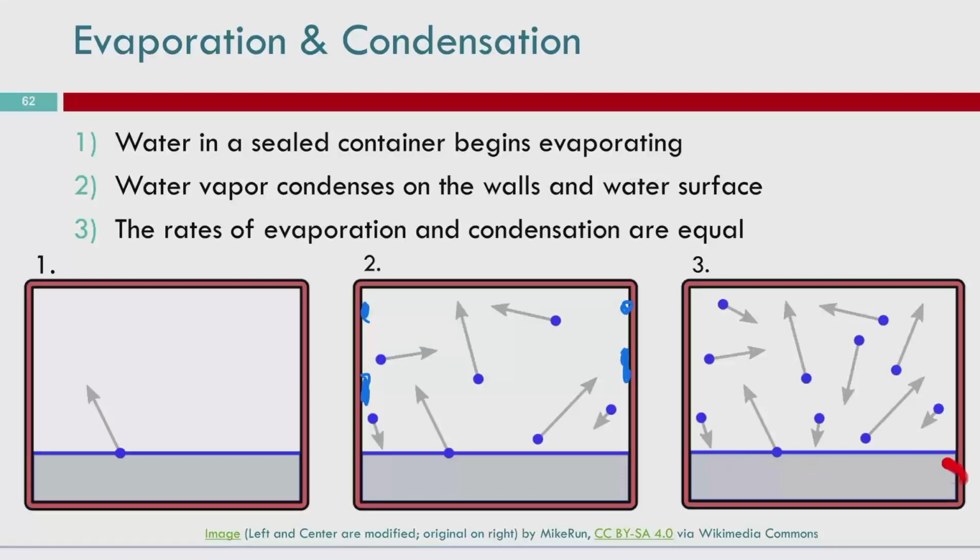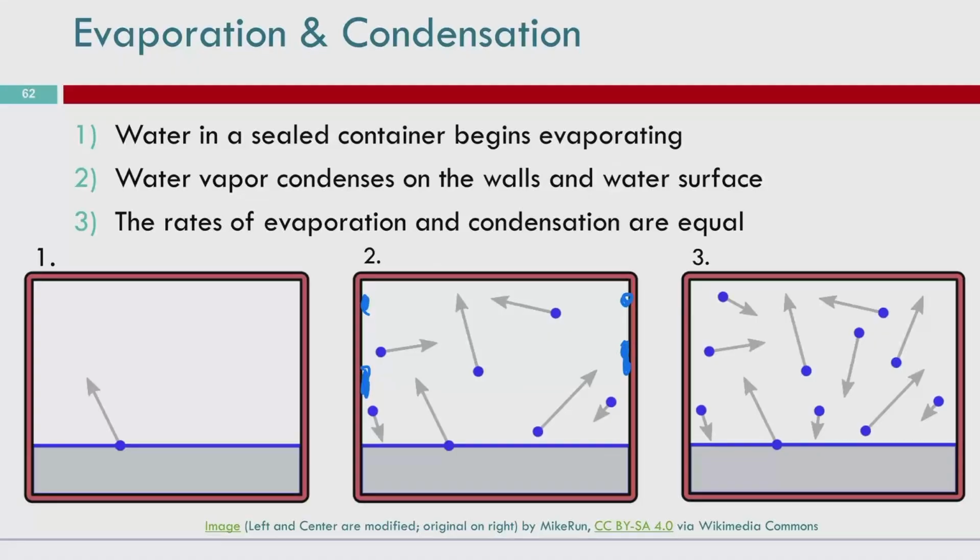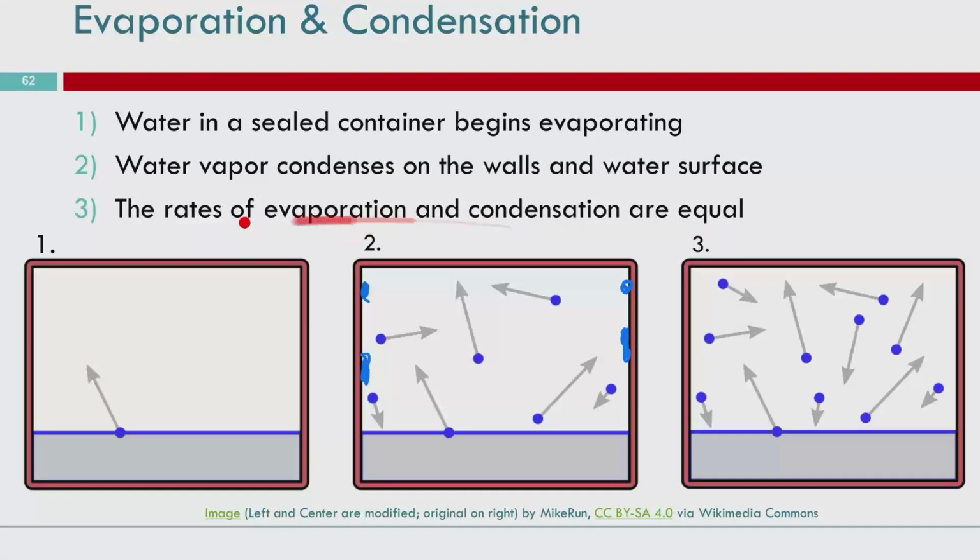And eventually those rates are going to equal out, and you'll no longer see the water on the sides increasing. It's just going to roughly look the same the whole time. So that's the rates of evaporation and condensation balancing out. Any questions about evaporation or condensation?